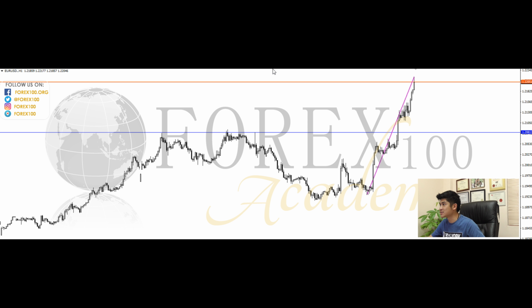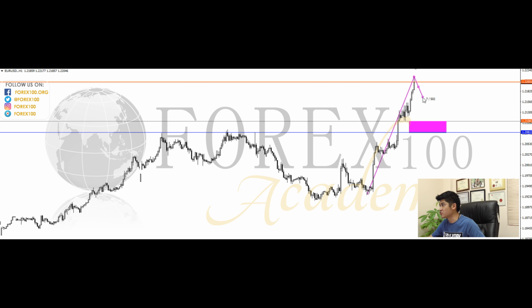What I need to see is that the market retraces a bit, as long as it doesn't come to this line over here. Meaning to say that the retracement shouldn't go all the way down and touch 1.2108. If it does, I will not look for a shorting opportunity, rather look for a buying opportunity at this range over here.